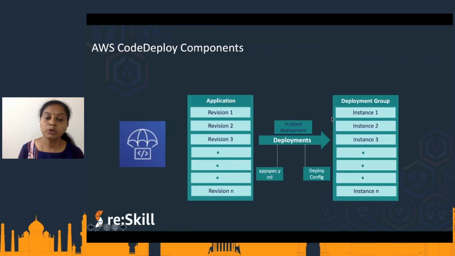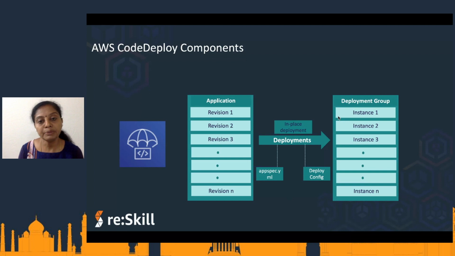Okay. So what are the components of CodeDeploy? First, when you're trying to create a CodeDeploy project, you need to have the application which you want to deploy. There could be several applications you are planning to deploy, and the revision also plays a vital role, right? What revision do you want to deploy? And on the other side, you need a deployment group.